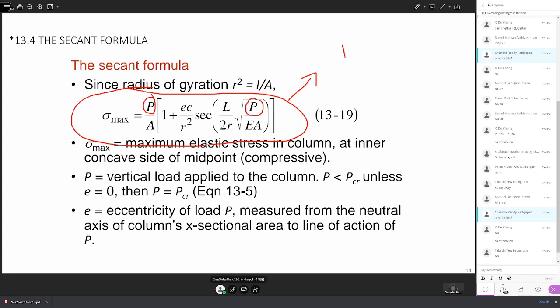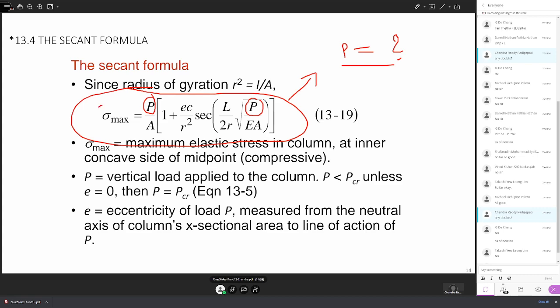Therefore, it is not possible to rewrite this formula in terms of P. You cannot separate out P and write an expression for P in terms of the other parameters. Mathematically, we cannot separate out P from this formula.